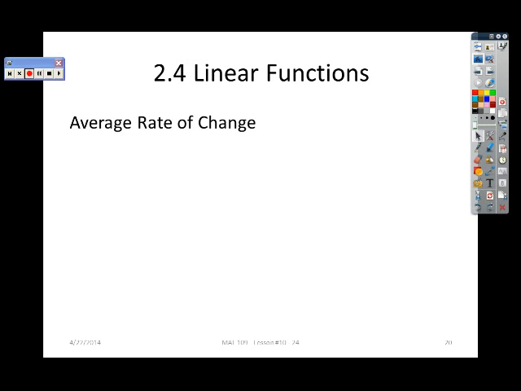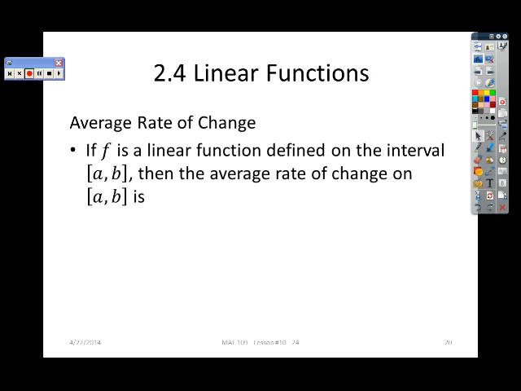So if you have a graph wiggling all over, you can say what the average rate of change is between 2 points by drawing a straight line and calculating the slope of that line. That's a very rough measure of the change in a function, and is sometimes useful when you're working with data. It's not accurate, it's not precise, but it gives a rough estimate of how the values change.